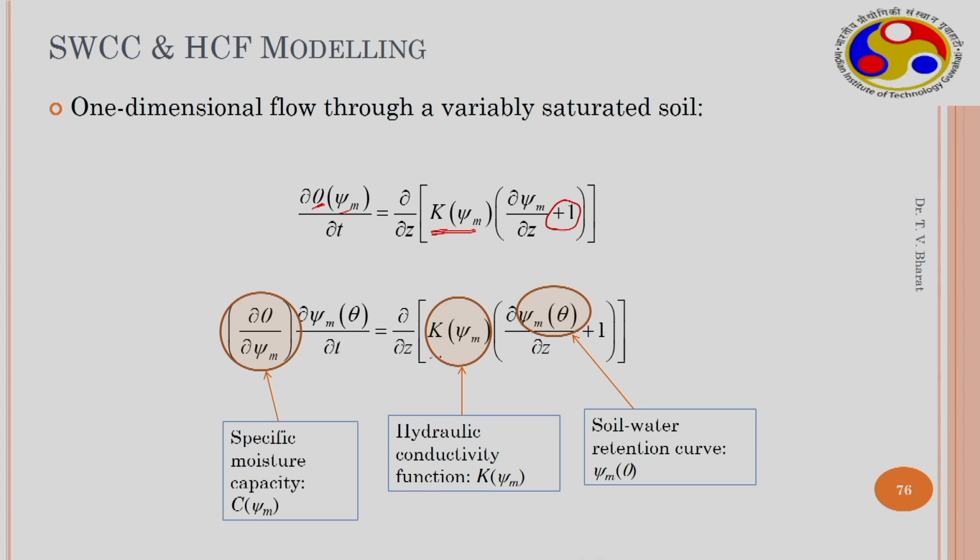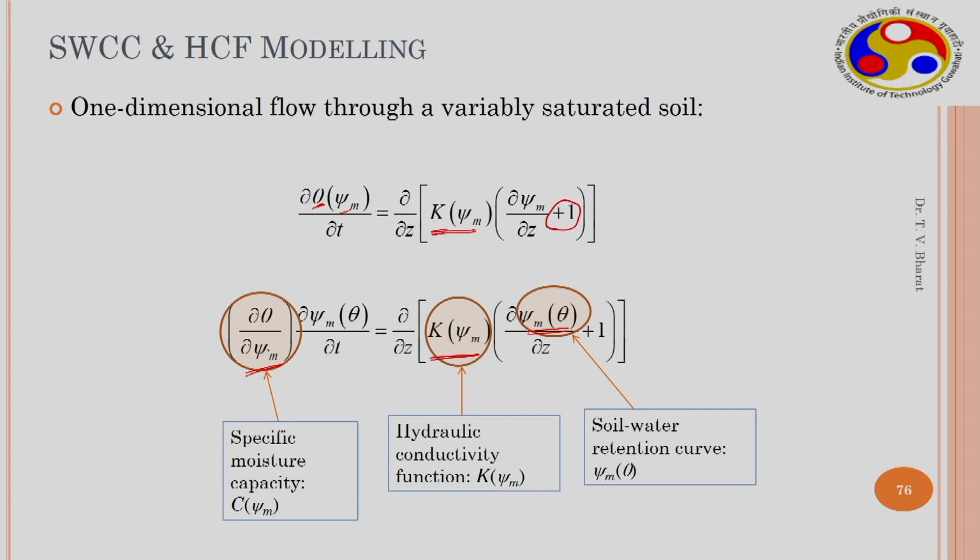Now K of ψm is the hydraulic conductivity function and ψ of θ is the soil water characteristic curve. Here we require smooth functions to solve this equation. Another important point is that the slope of the soil water characteristic curve should be defined at every point. That means the slope or derivative of the soil water characteristic curve should be well defined.